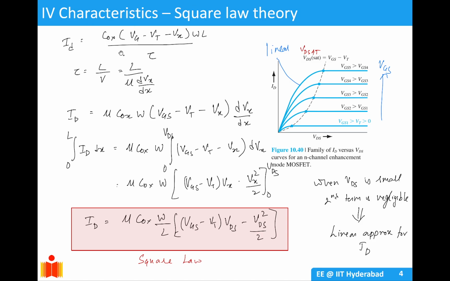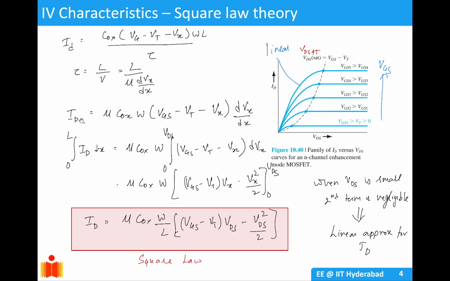So by applying this theory, we can calculate current as Cox (Vg minus Vt minus Vx) W L by tau, and then we put tau here as L by v, which is L by mu dVx by dx.